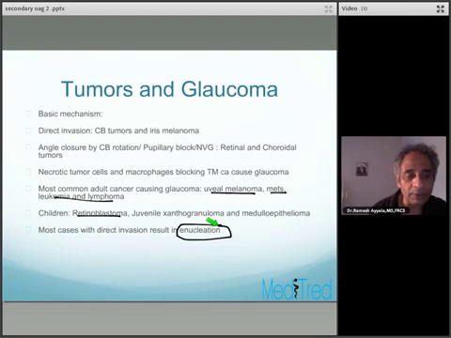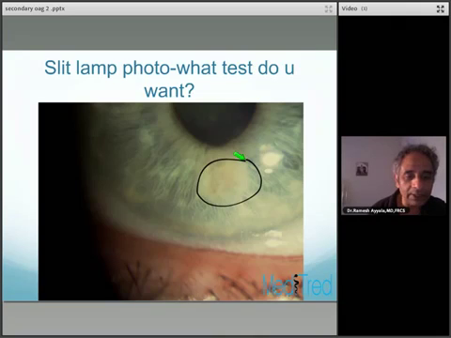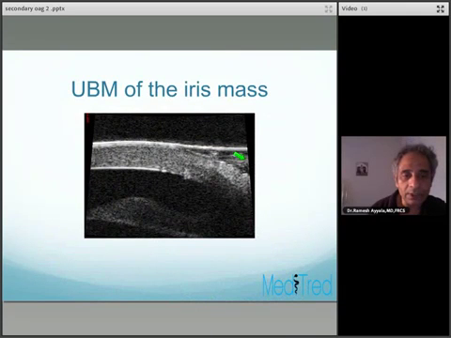There are better treatment modalities that are coming up, and I would encourage readers to look up Dr. Jerry Shields and Carol Shields' literature to update yourself on this aspect of glaucoma. Here is an example of a patient that was referred to me several years ago with an iris tumor, and an ultrasound picture of the same showing the nevus at this stage not increasing in size.